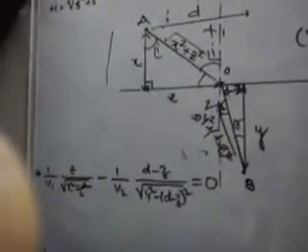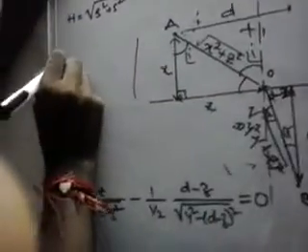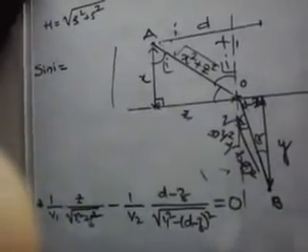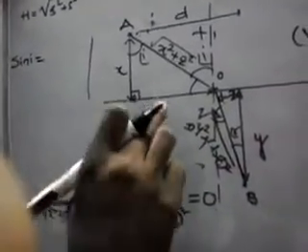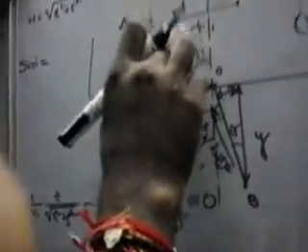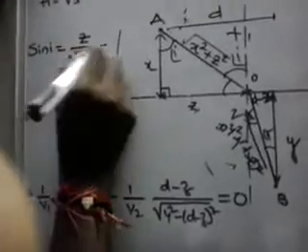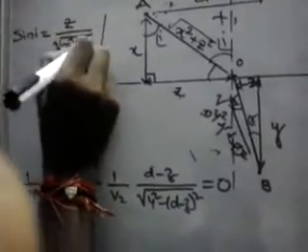By applying trigonometry here, in this triangle sin I equals the opposite side by the hypotenuse. The opposite side is z and the hypotenuse is root over x square plus z square.